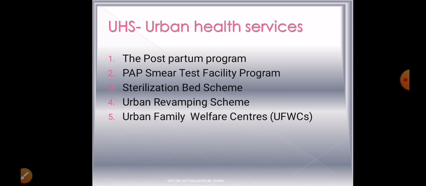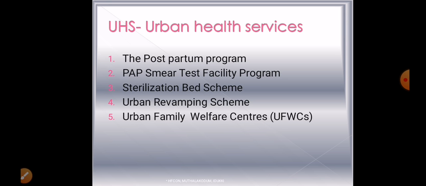Then we have studied about the urban health services. We have studied about the various organizations and how services are provided at the urban level. In the urban health services, there are mainly 5 highlights which we have studied: the postpartum program, and the Pap smear test facility, which is available in the rural area, and the sterilization bed scheme, where we have a reservation for sterilization procedures like tubectomy and vasectomy, and we have studied the urban revamping scheme, and we had urban family welfare centers.